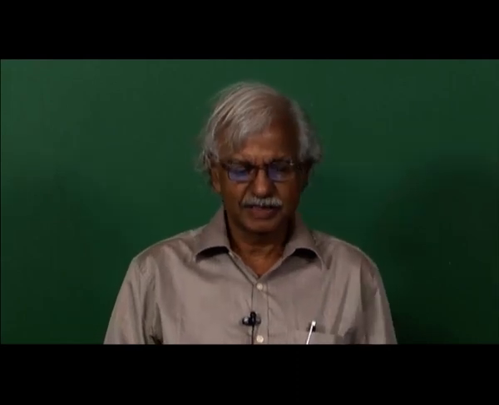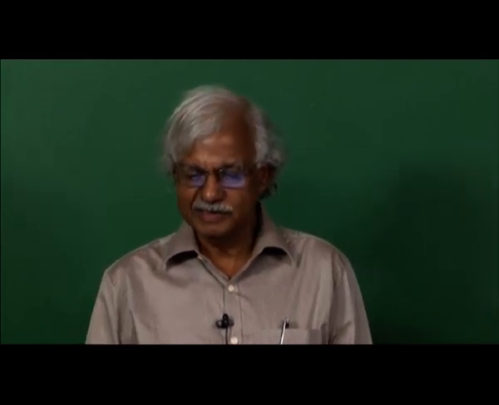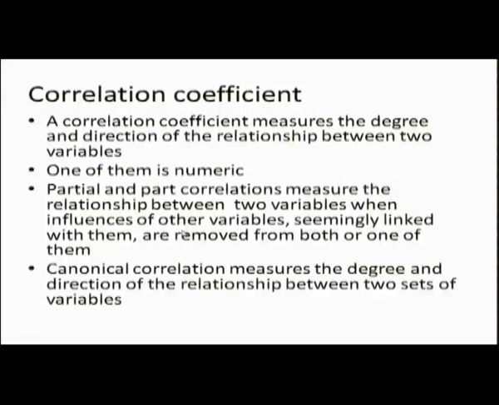and we also have concepts of partial and part correlations, which measure the relationship between two variables when influences of other variables seemingly linked with them are removed from both or one of them.